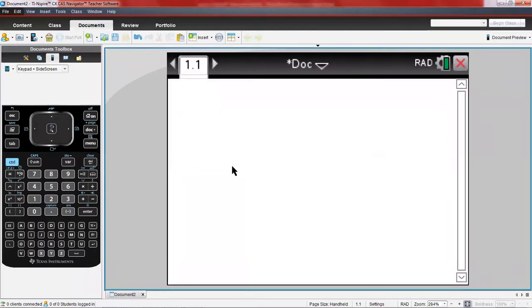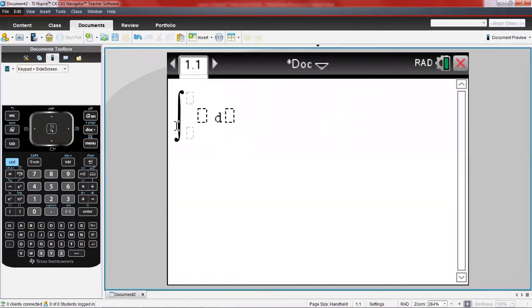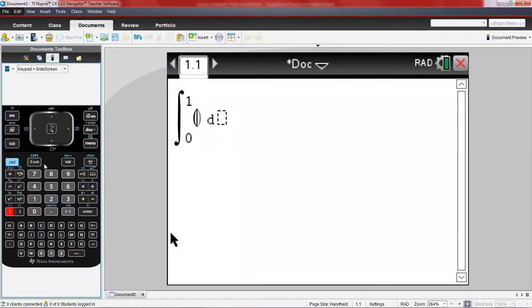So you can simply take menu, calculus, integral, and then you have here 0 through 1, right? And then here you have parentheses, and then you have to remember who's the upper, so it's control square root of x, right?